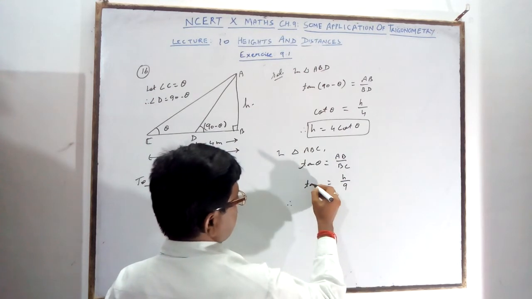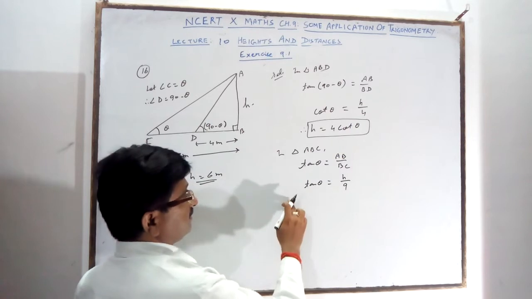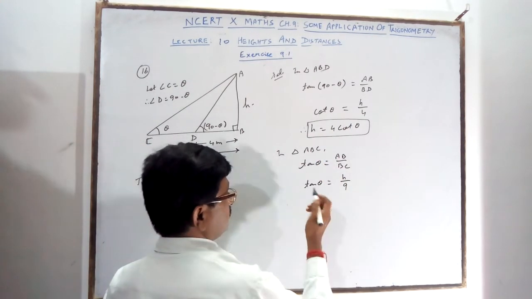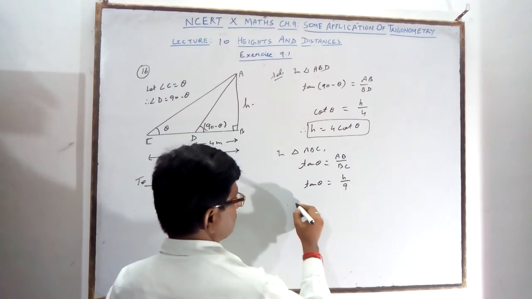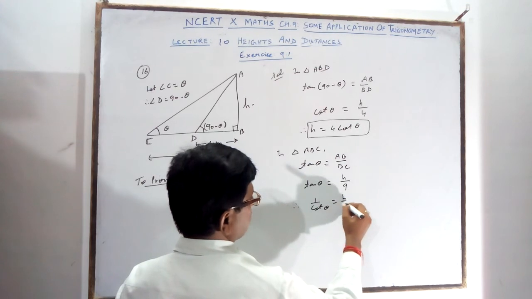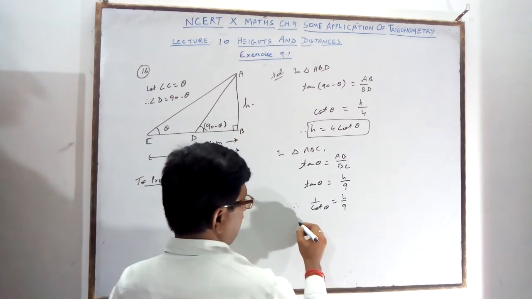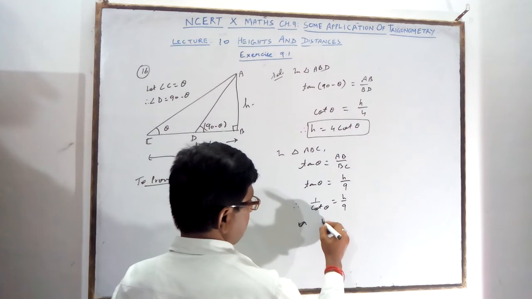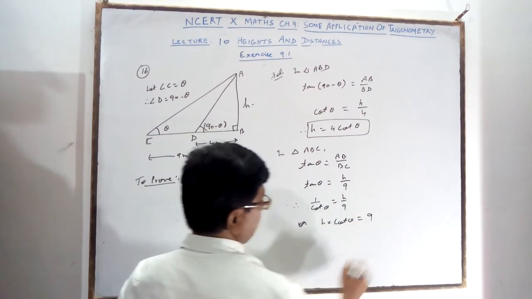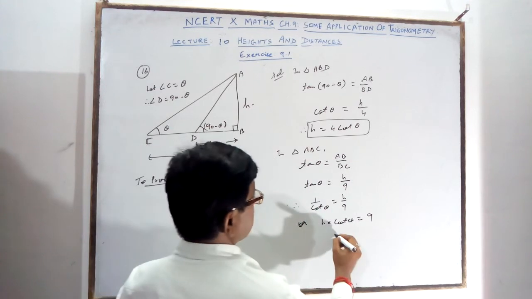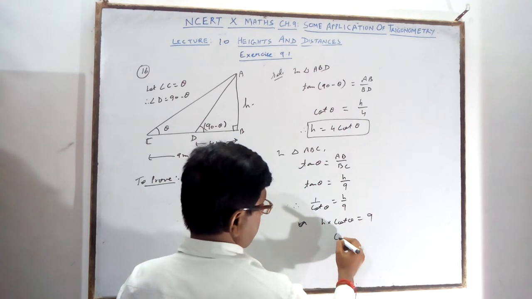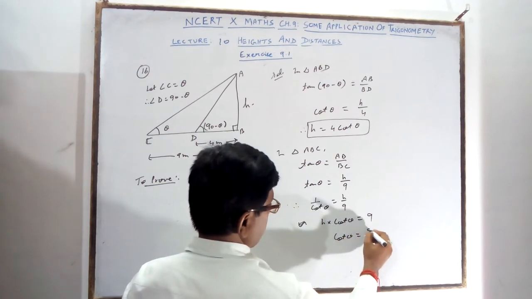So tan theta is h by 9. So 1 upon cot theta is equal to h upon 9. Cross multiply: h into cot theta is equal to 9. So cot theta is equal to 9 by h.